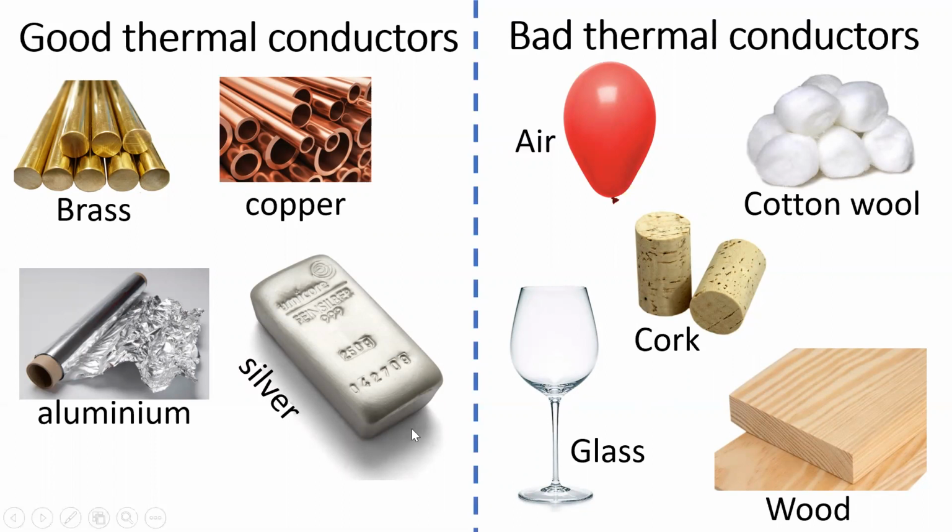Now you can see over here, all of these are metals. In fact, brass is an alloy, which is a mixture of metals. And metals have high thermal conductivity. So what we're going to be looking at next is why metals have high thermal conductivity. Why are metals such good thermal conductors?